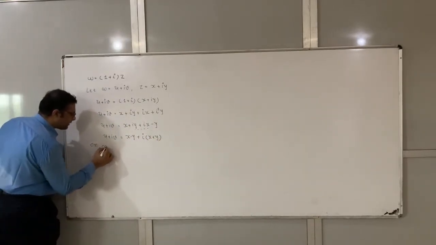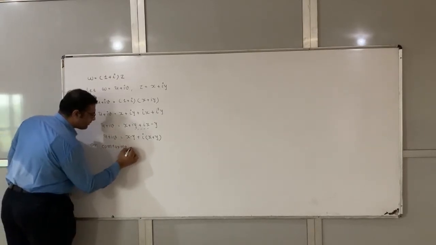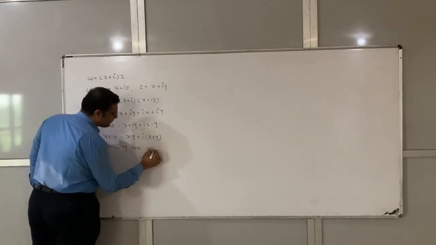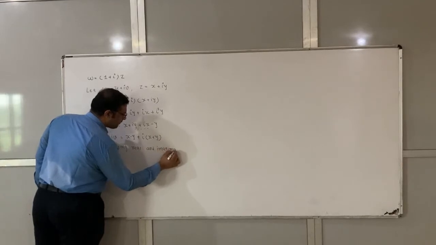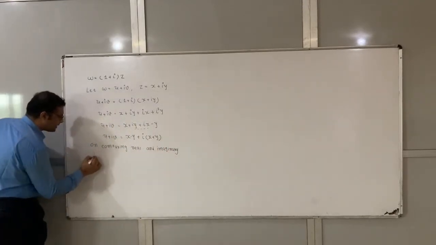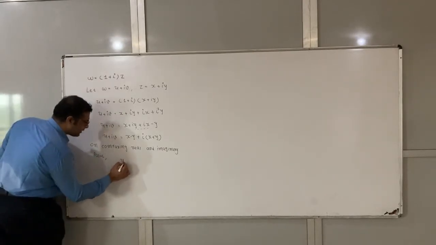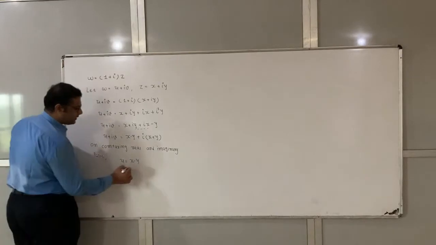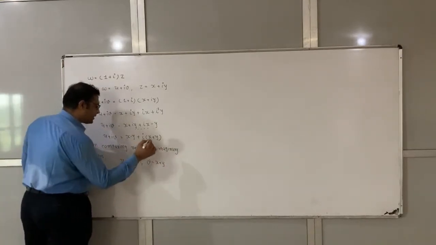On comparing real and imaginary parts, you will get u is equal to x minus y and v is equal to x plus y.